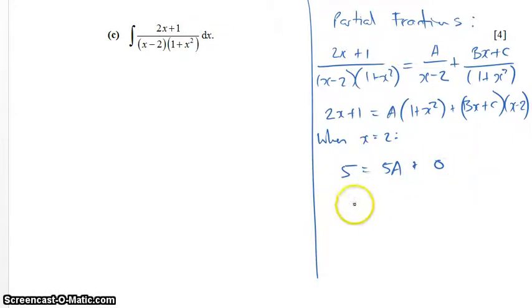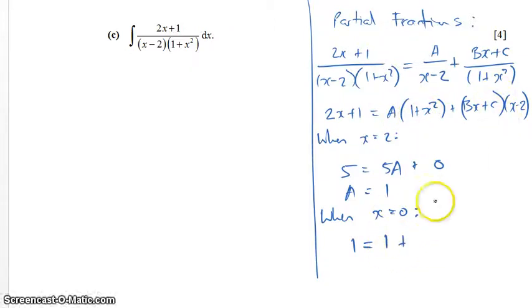So that means that a is equal to 1. So now that we know a equals 1, we're going to choose another value of x that will make our life slightly easier. So when x is 0, we get 1 on the left hand side. Then the right hand side, a is 1, so 1 times 1 plus 0, so that's just 1, plus b times 0 is 0, so you get c times minus 2. This of course cancels out, and this tells us that c is going to be 0.